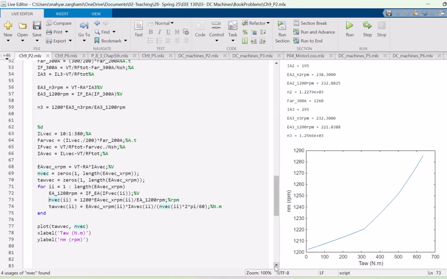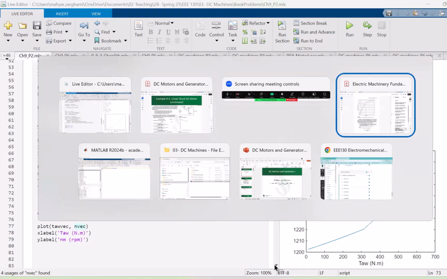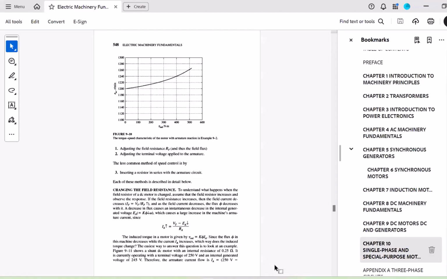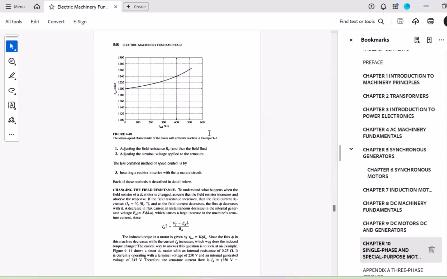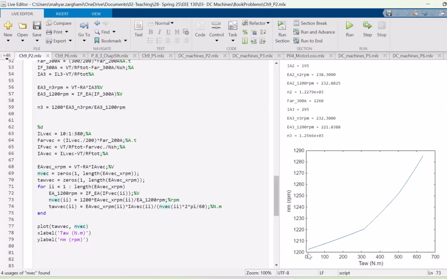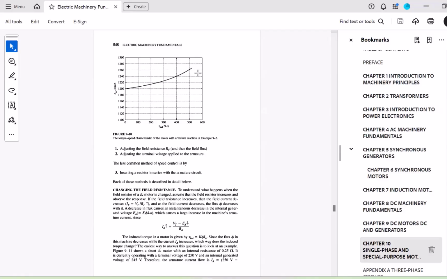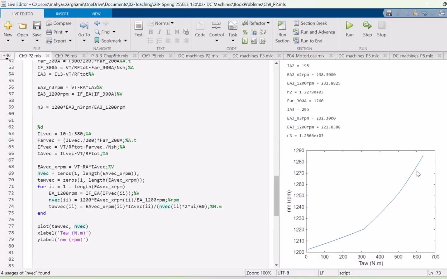That has been explained and plotted in the book as well. That's example 9.2, and this is the plot, which if you compare it with this, is essentially the same plot. It starts going up all the way up to 1260, 70.